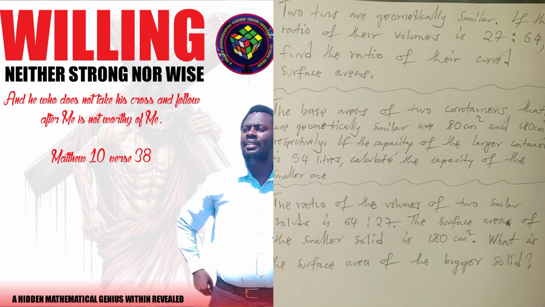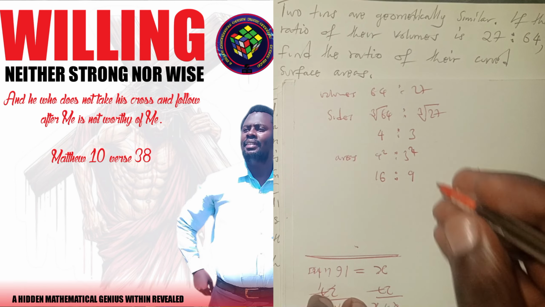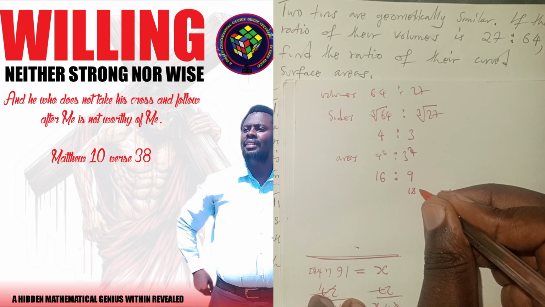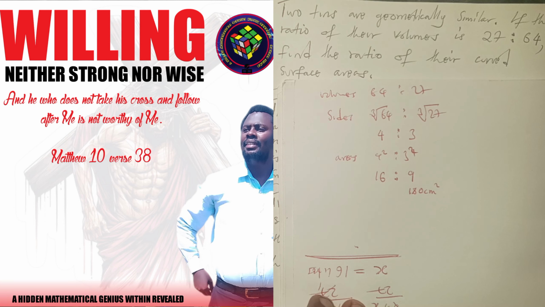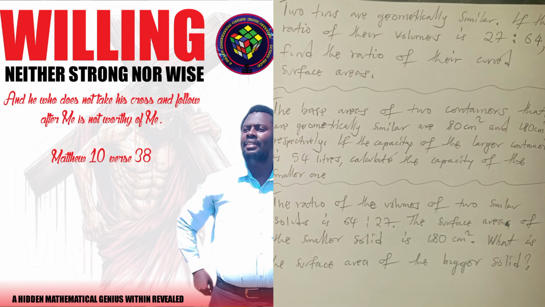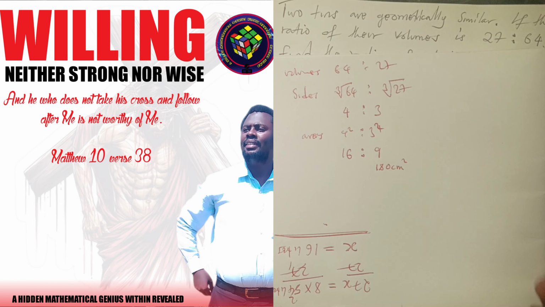Okay, so we are told that the surface area of the smaller solid is 180 square centimeters. So the 180 will correspond to 9. So you put down there 180 square centimeters. The larger solid, the bigger solid, will correspond to 16.